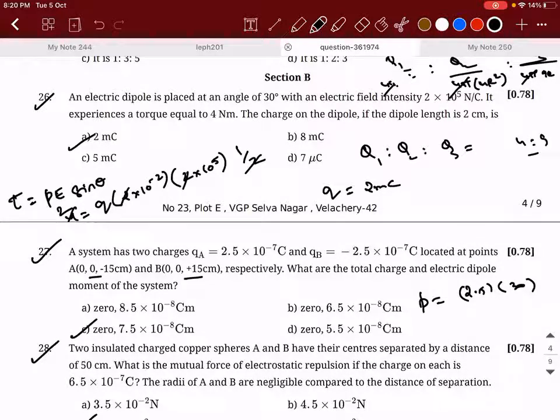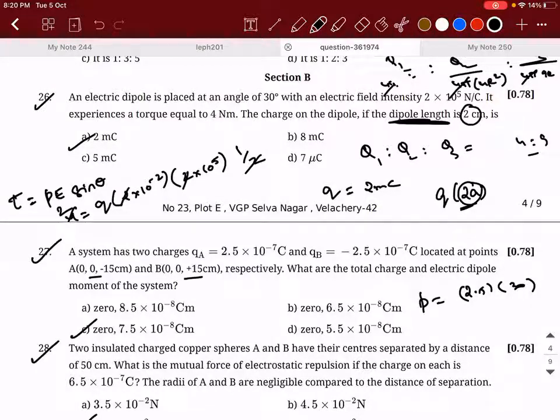So, tell me, how do you define dipole moment? Can you define it now? It is defined as the product of the magnitude of either of the charges into the distance of separation between them. This 2A can also be called the dipole length, like how you study bond length in chemistry. Dipole length means the distance between the two charges.